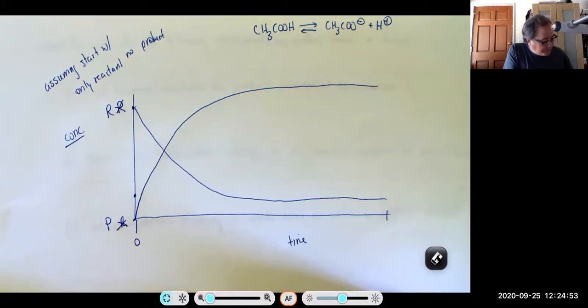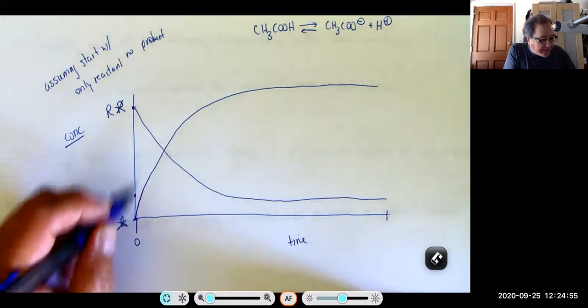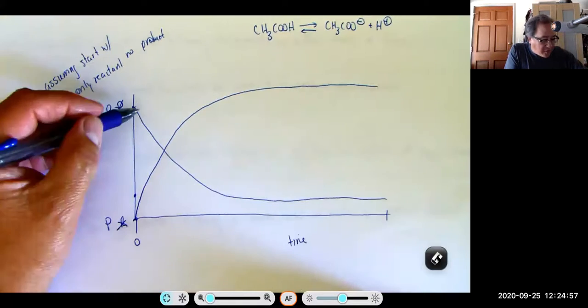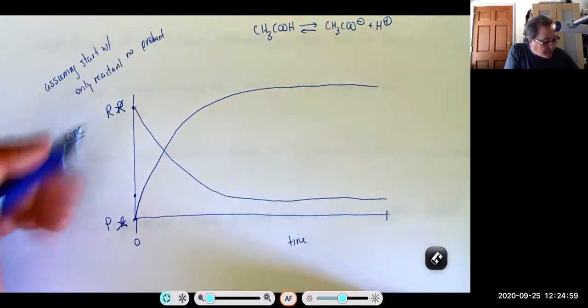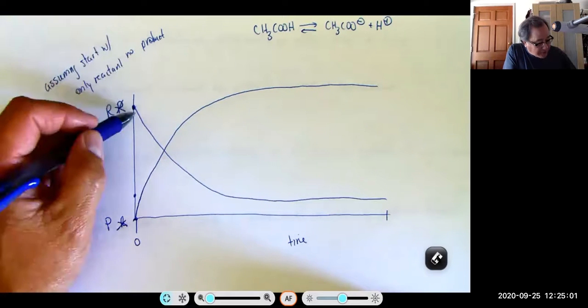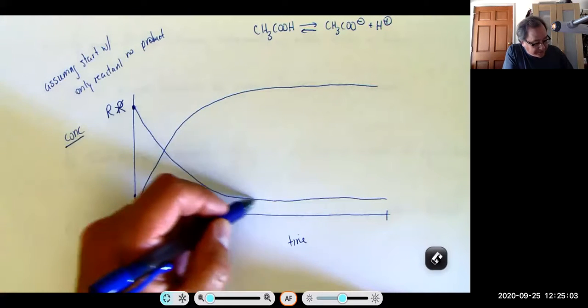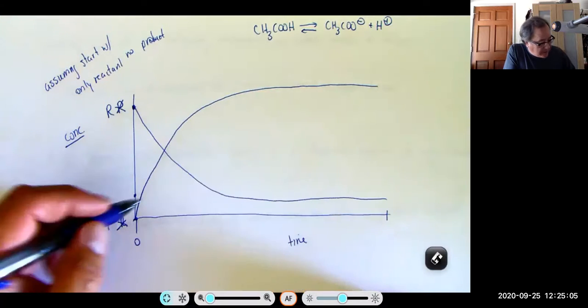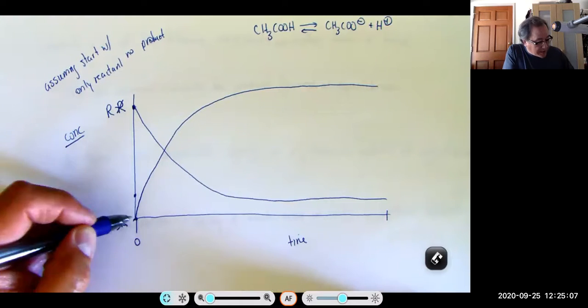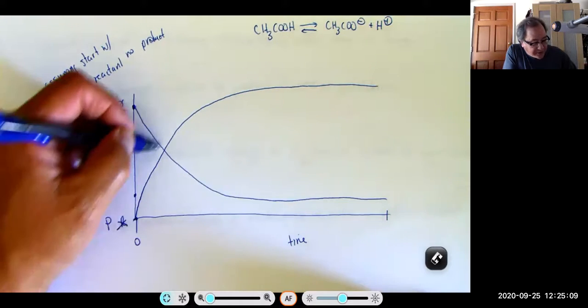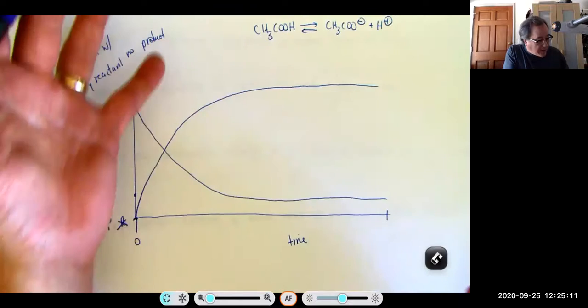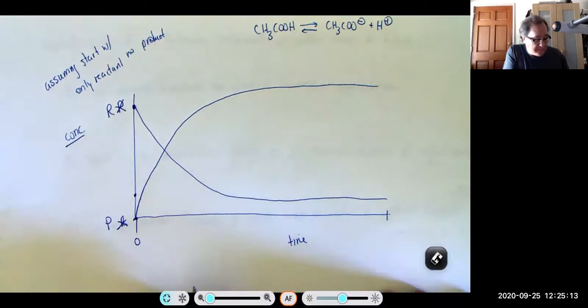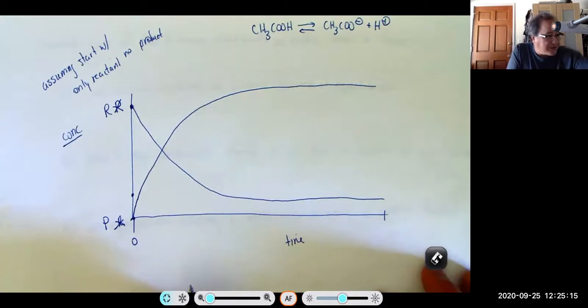So here, for the product, we've got nothing. For the reactant, we have a whole lot of stuff. Now, as the reactant reacts, what happens to its concentration? It decreases. What happens to the product? Its concentration increases. So this could be one way that this graph could look. But there are other ways this could look.